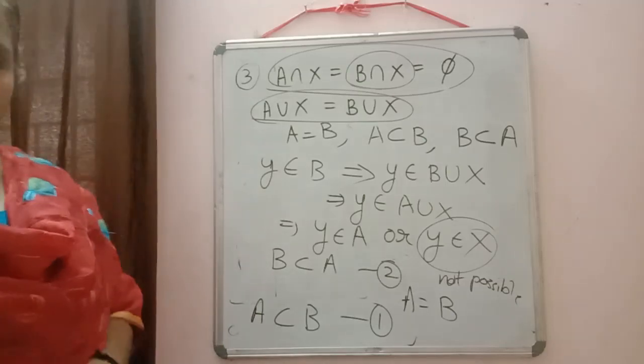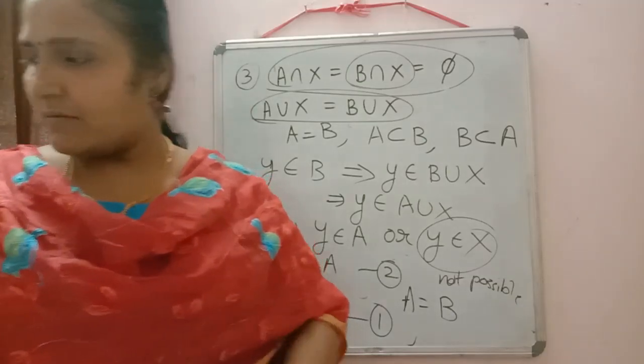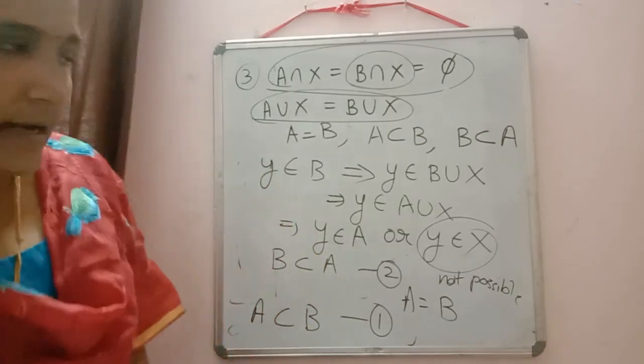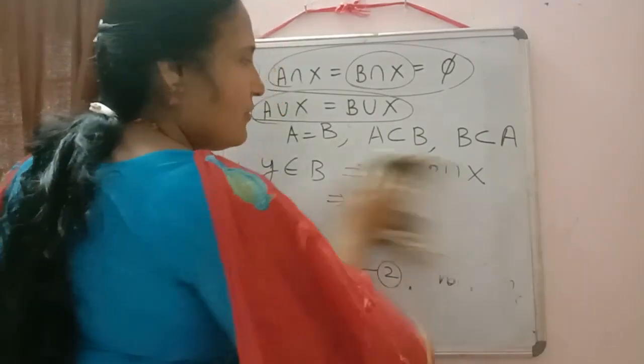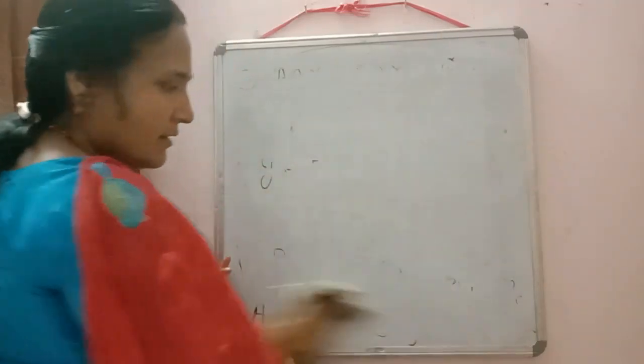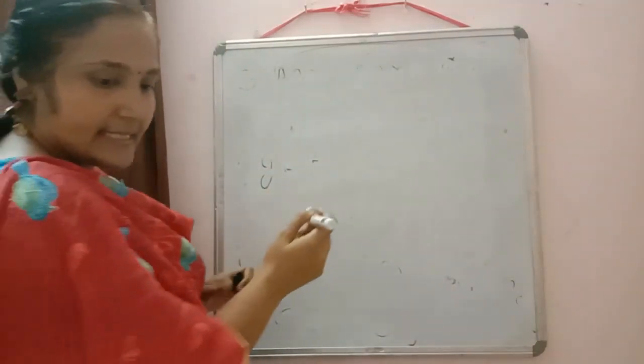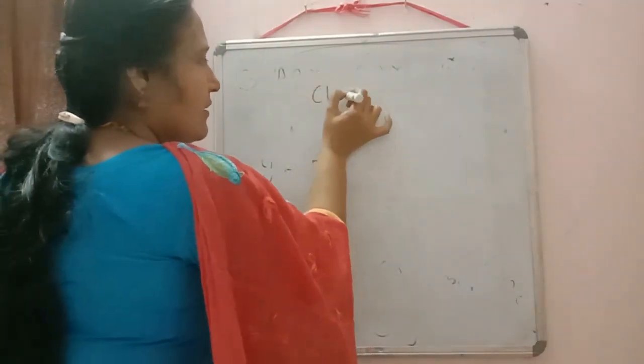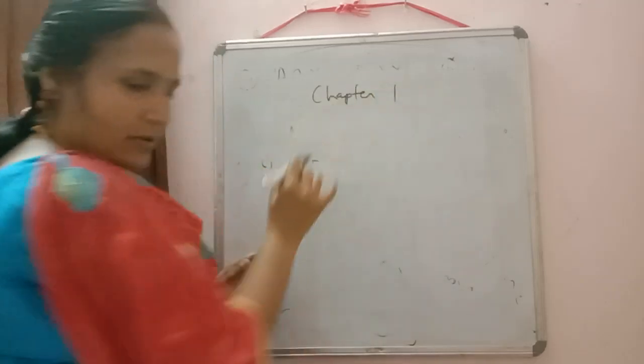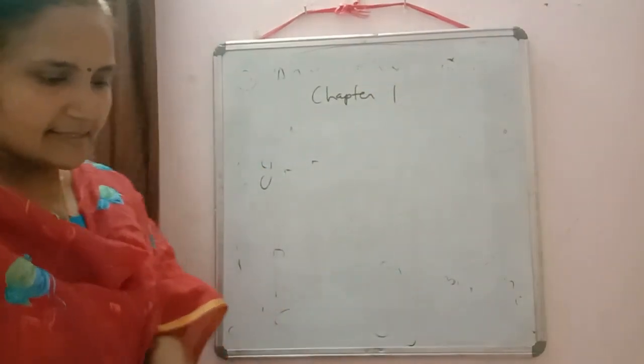So all of you just practice this question. Remaining some more questions are there in your textbook that we will do in our regular classes. So all of you note down your homework now. Your homework will be miscellaneous exercise chapter 1. From chapter 1 you have to do miscellaneous exercise.